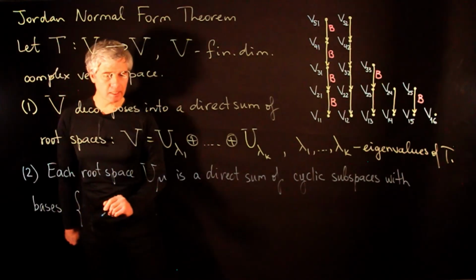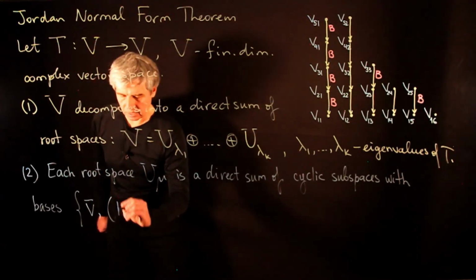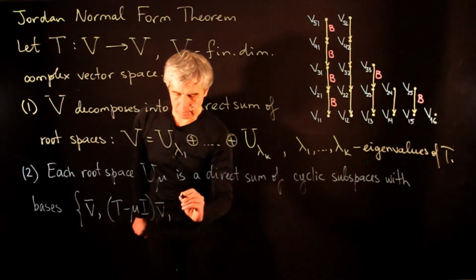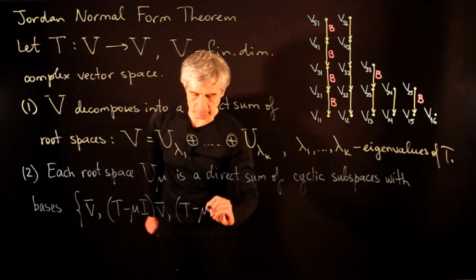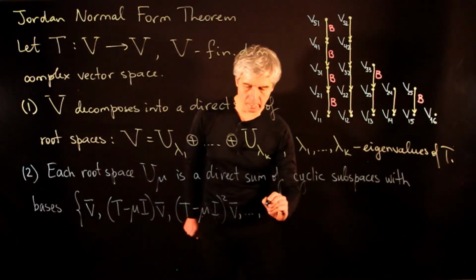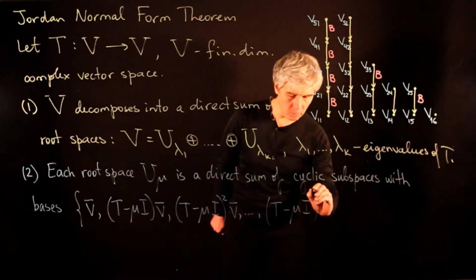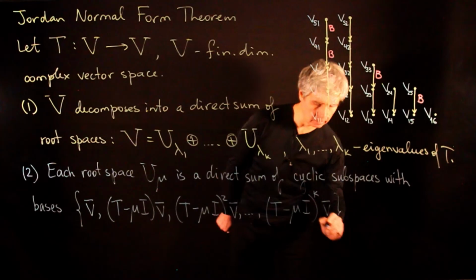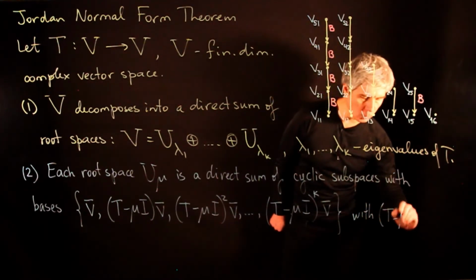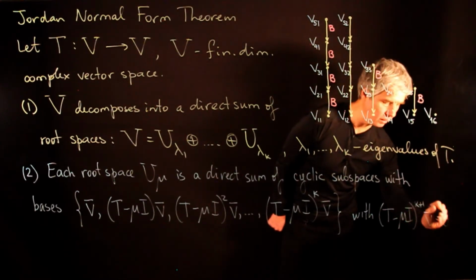So for each cyclic subspace, we have some generating vector v, and then (T minus mu I) applied to v, (T minus mu I) squared applied to v, and (T minus mu I) to some power k applied to v, with the property that if we apply T minus mu I one more time, so k plus 1 to v, then we get a zero vector.